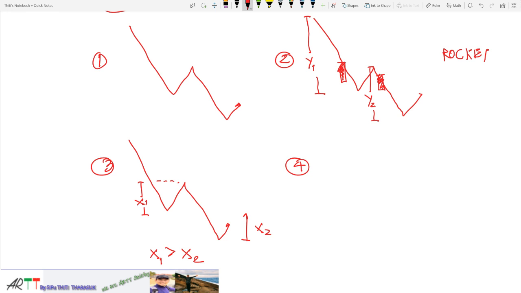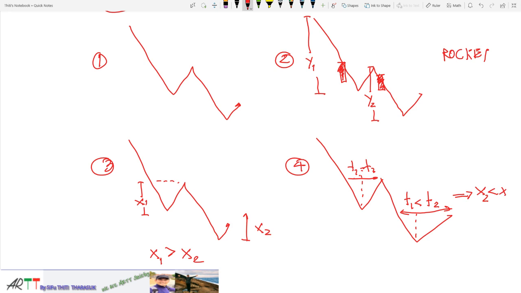The fourth one, we consider the psychology between T1 and T2. Now we found that psychology in this chart has changed, from T1 equal T2 to T1 having a chance to be more than T2. If T1 has a chance to be more than T2, that means x2 has a chance to be shorter than x1.